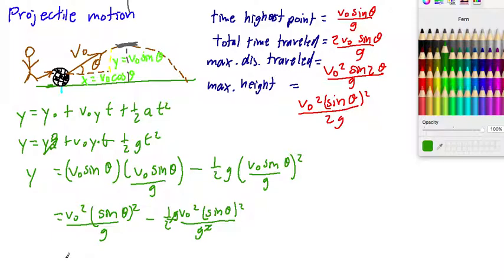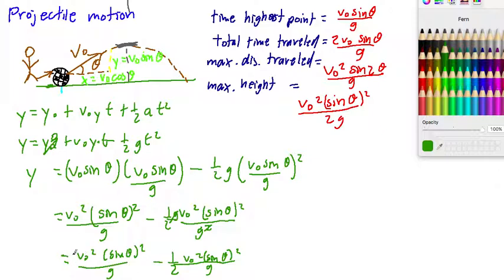And now we are left with v naught squared sine theta squared over g minus 1/2 v naught squared sine theta squared over g. Now they're the same thing except for the negative 1/2.